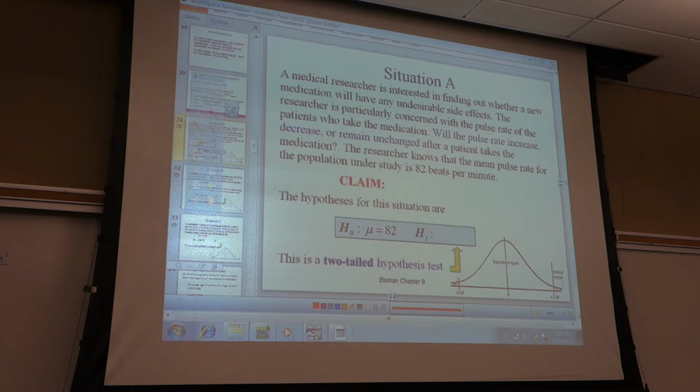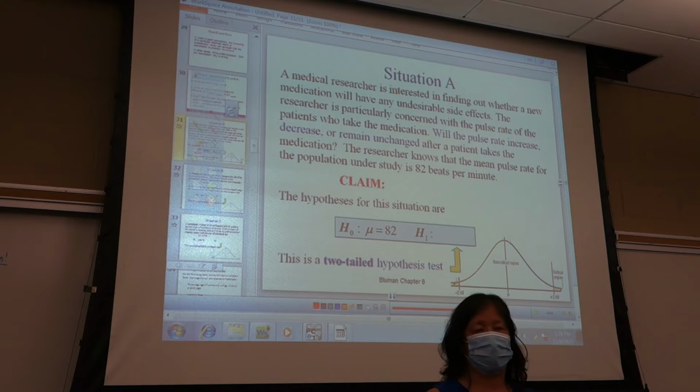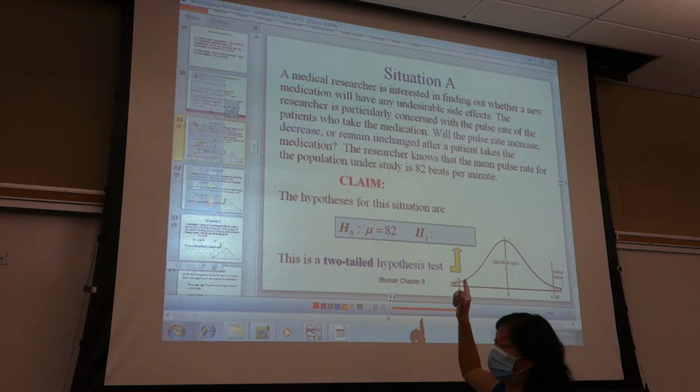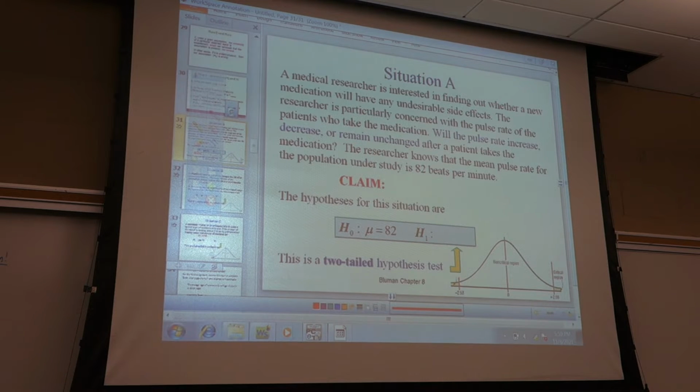Now, if you are the researcher, you want to say that your medicine has no undesirable side effects, right? Take my medication, your heart rate is not going to change. What's your claim? Your claim is that the heartbeat's going to be what? It's going to stay the same. Does that make sense? It's going to be equal to what? 82.